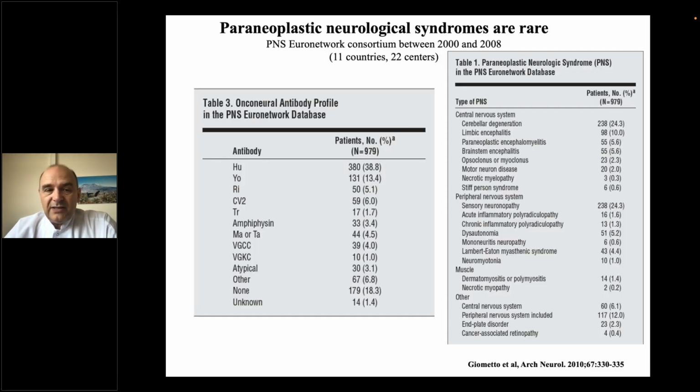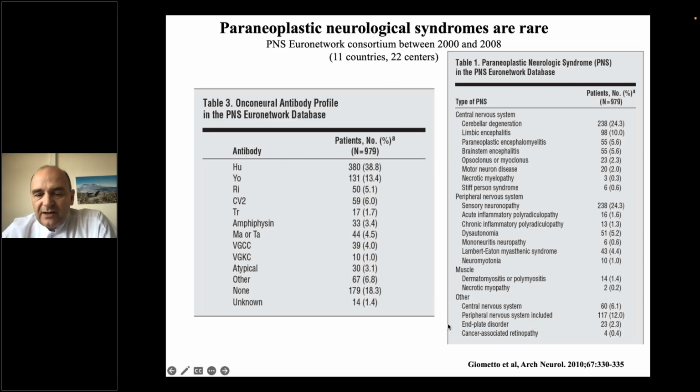In the early 90s, other authors described autoantibodies associated with paraneoplastic neurological syndromes. It was the start of the description of autoimmune encephalitis in patients with different kinds of syndromes associated with autoantibodies and with different kinds of tumors.